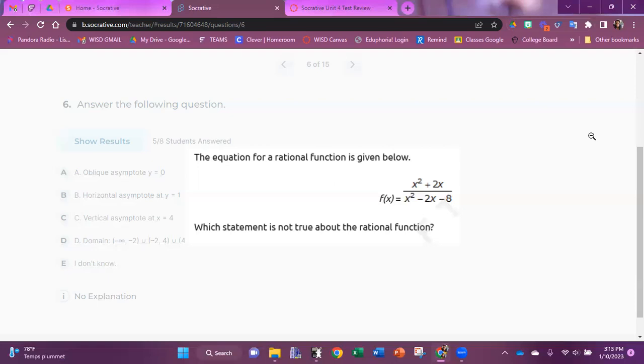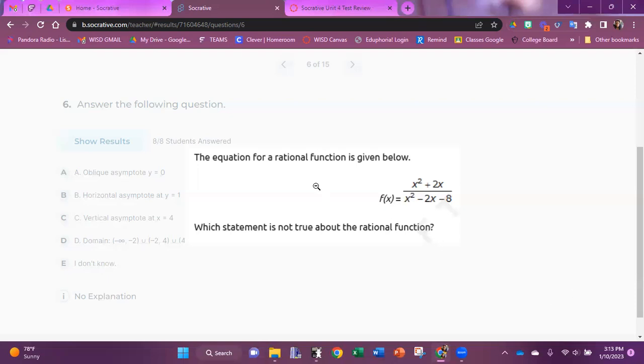It says 5 out of 8. 10, 9, 8, 7, 6, 5, 4, 3, 2, 1.